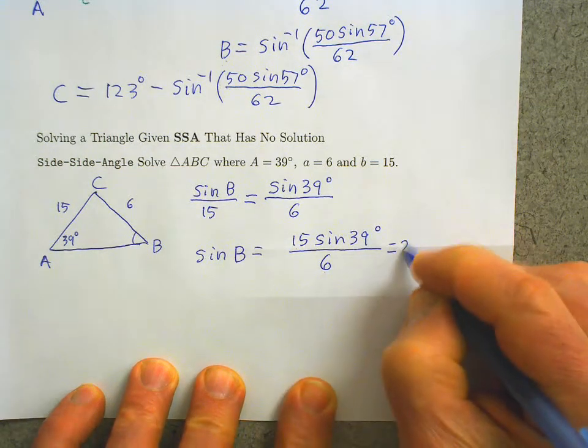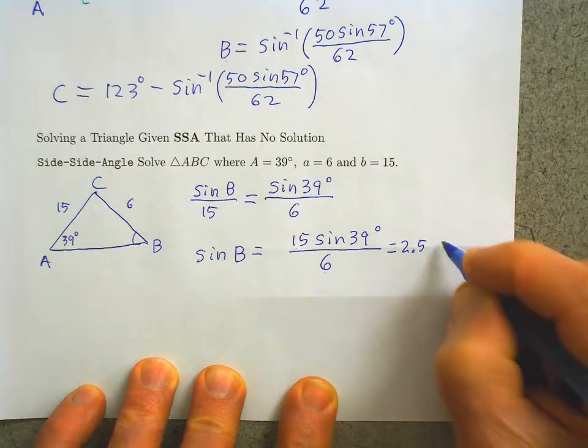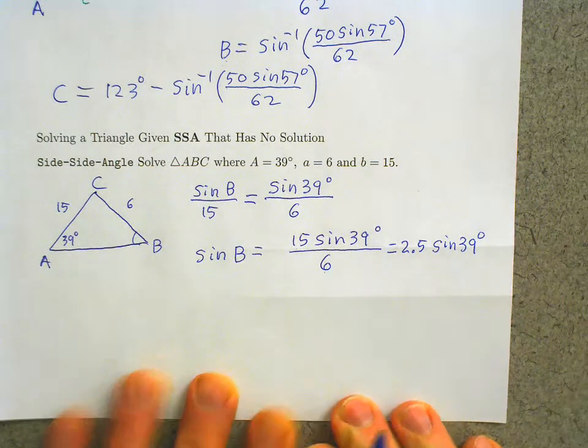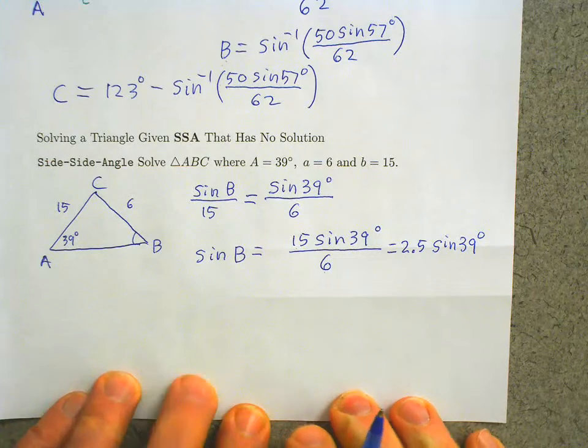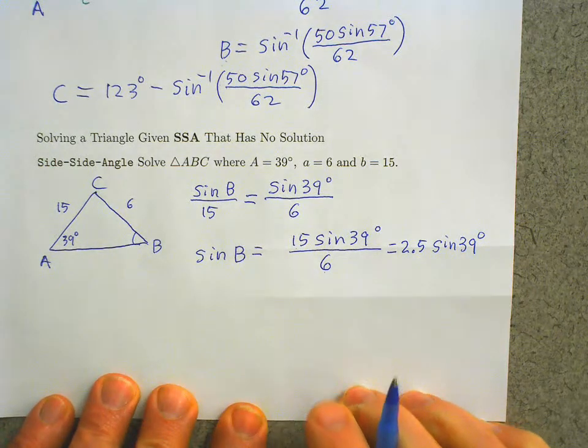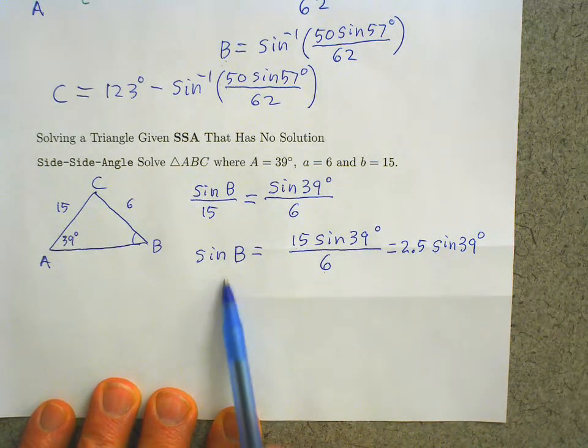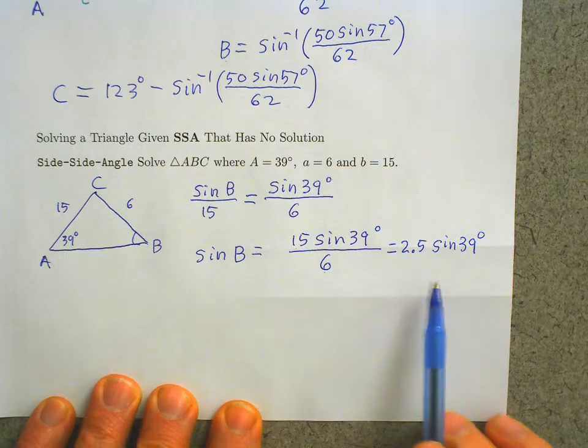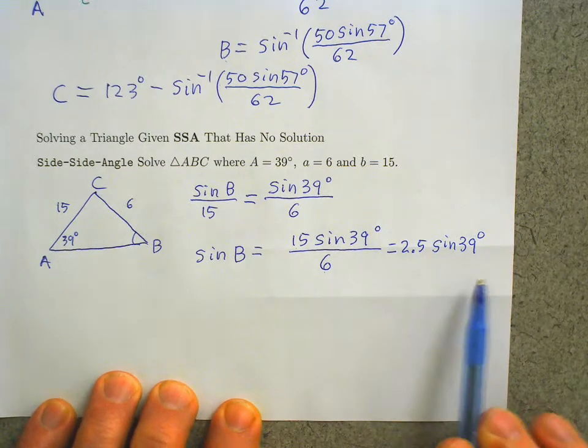So this is 2.5 times the sine of 39 degrees. So we have enough information to know what's going on.